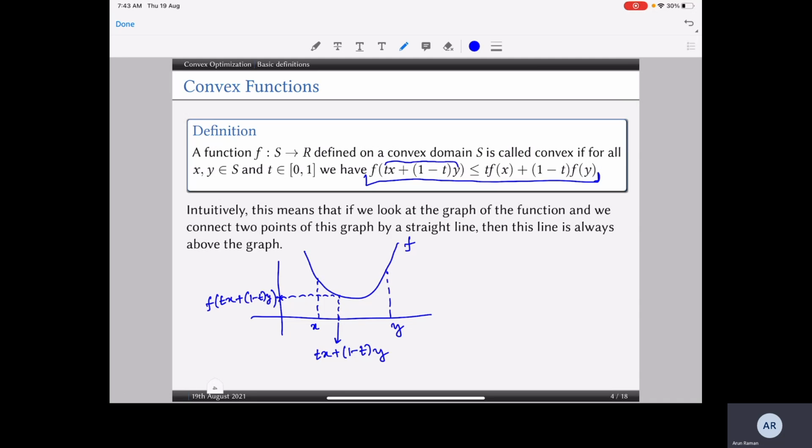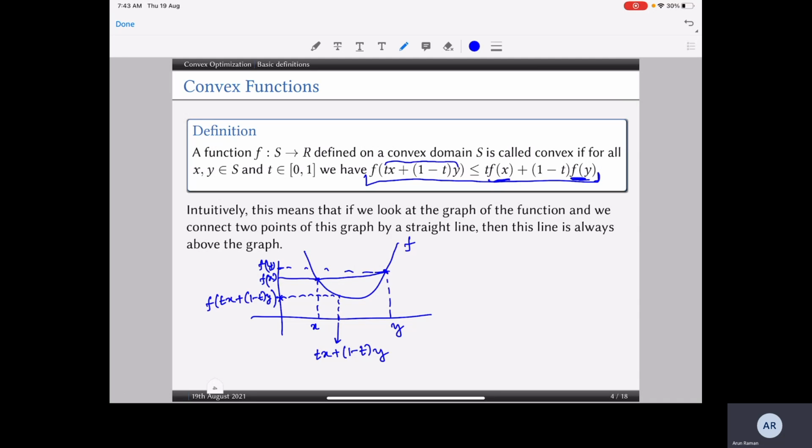Then if we look at the right hand side, this point is f of x, and this point here is f of y. So we are looking at a line that joins f of x and f of y on the curve. If we join these two, this is the line that we will get.